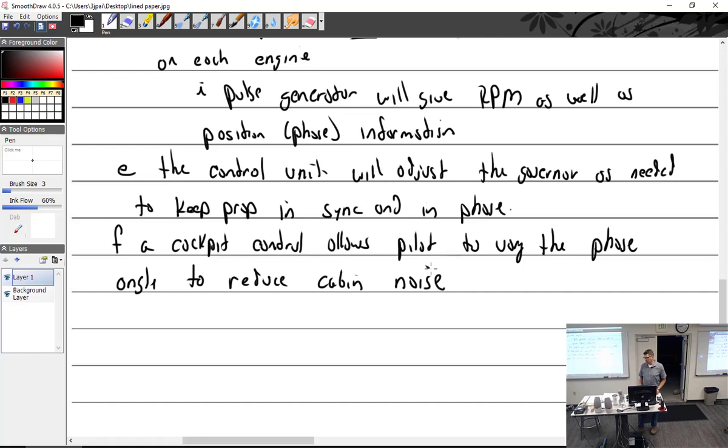Shoot, nowadays they just buy Bose headsets and throw all this stuff out. Increased gross weight, or increased useful load, I mean.